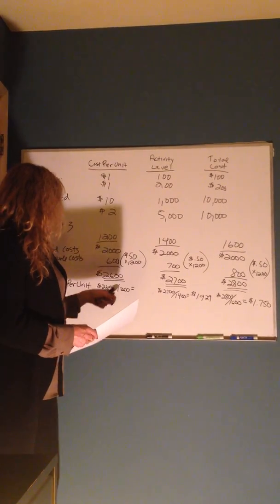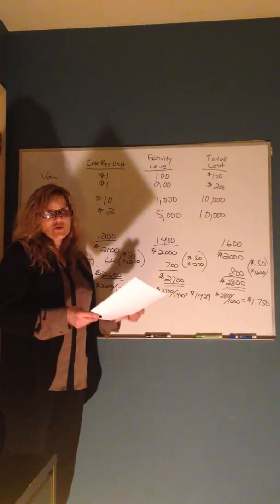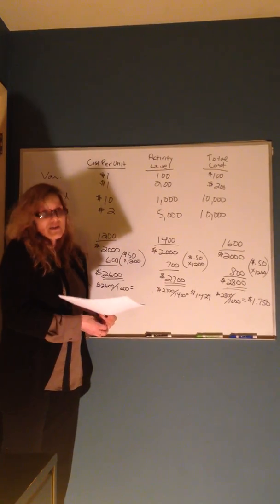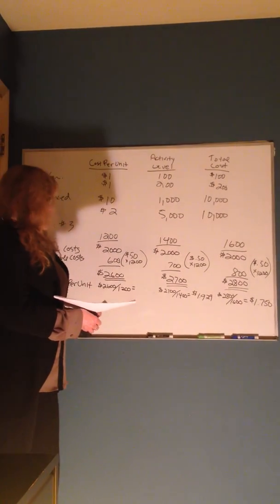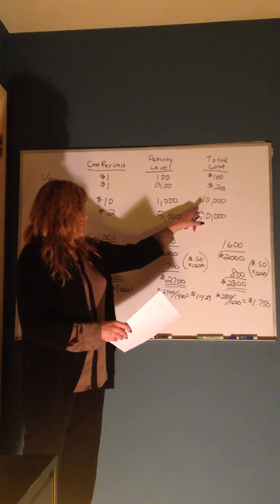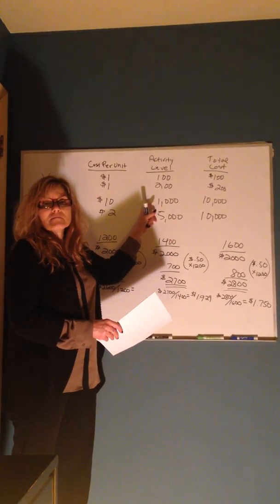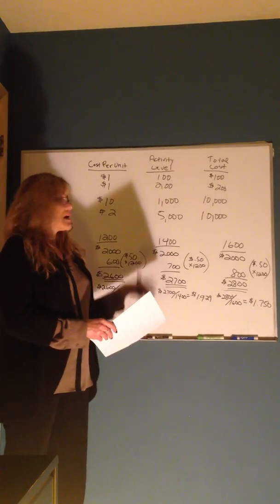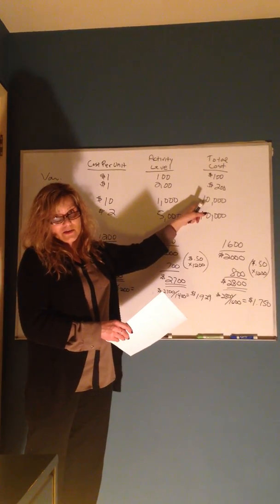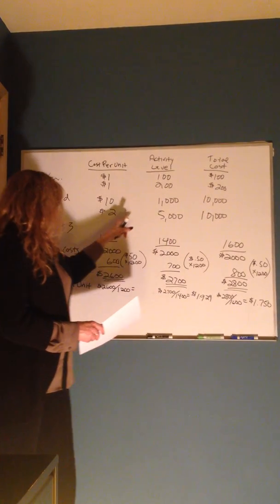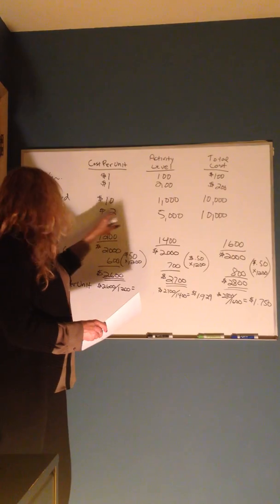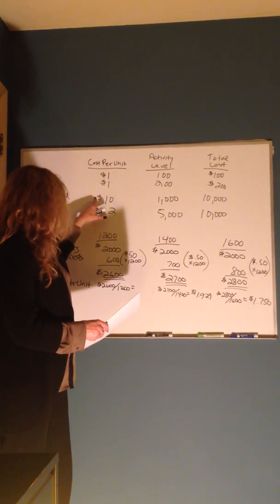So for total cost, let's say I buy an x-ray machine, or I rent an x-ray machine, and that x-ray machine costs me $10,000. If I perform 1,000 or 10,000 x-rays, my total cost is still $10,000. But if I perform 1,000 x-rays, my cost per x-ray is $10.